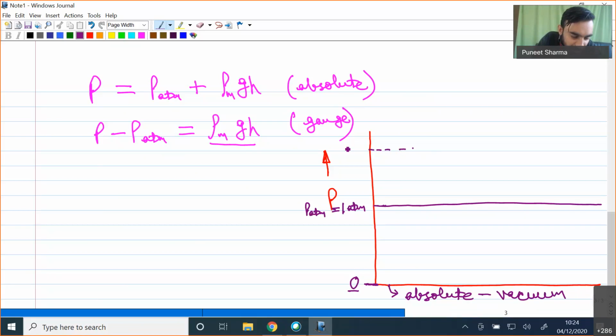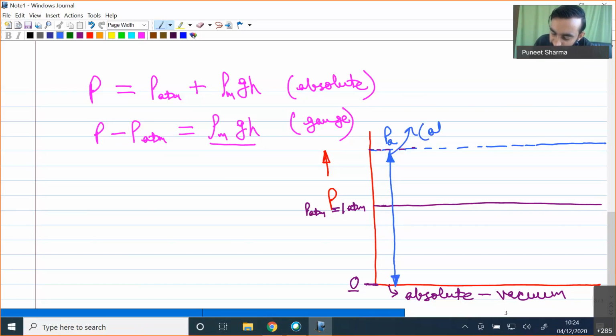Say this is my value of pressure P, which I am writing as PA. If I measure this value of pressure with reference to absolute zero, then this particular pressure is called the absolute pressure.